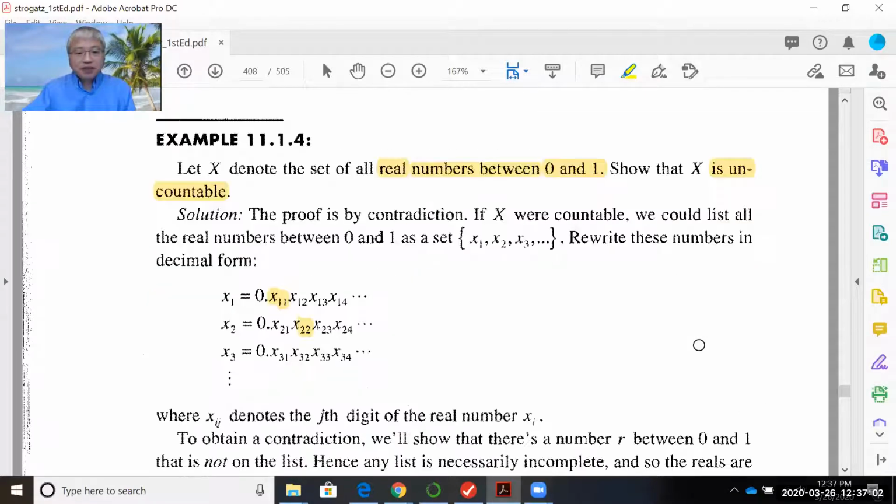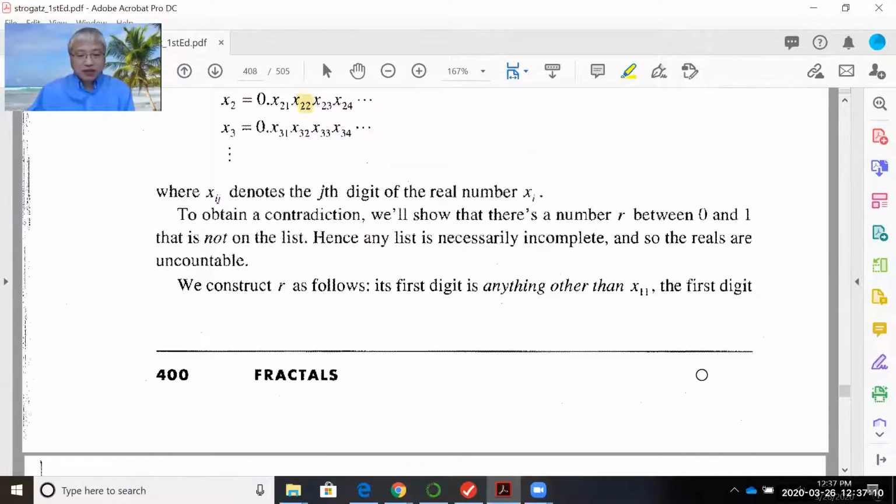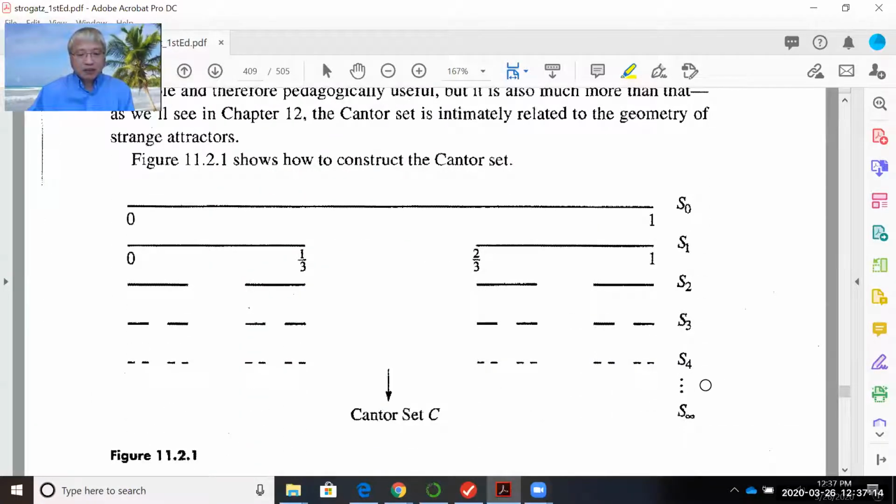Then we talked about how natural numbers are countable, integers are countable, even numbers are countable, fractions are countable. Then we started introducing the Cantor set. Do you remember how the Cantor set is constructed? It starts with a unit length between 0 and 1, and we cut 1/3 off in the middle, and then we repeat.